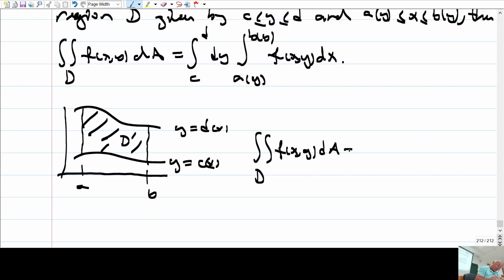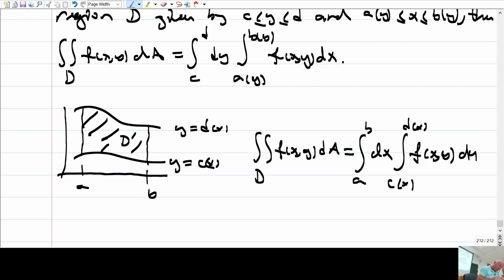dA, this integral can be computed as follows. First, you integrate, okay, let me write. So this was the integral from a to b dx, and then the integral from c(x) to d(x) of f(x,y) dy.